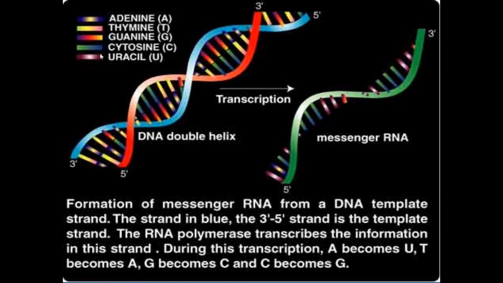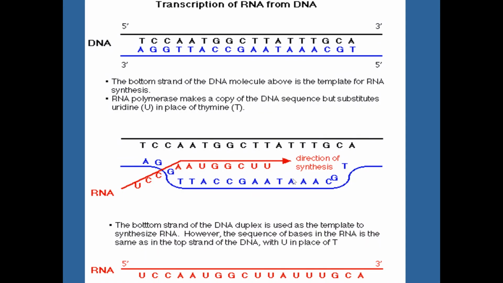And as you could see, the thymine, the yellow, and the pink is now replaced with the purple on here. And this is just a transcription of the base pairs, the nitrogen bases. As you could see, the C is matched with the G, and instead of the A being matched with the T, the A is now matched with the U here.